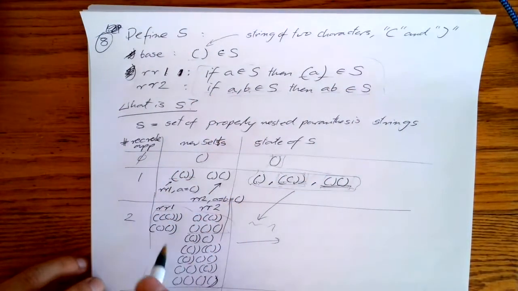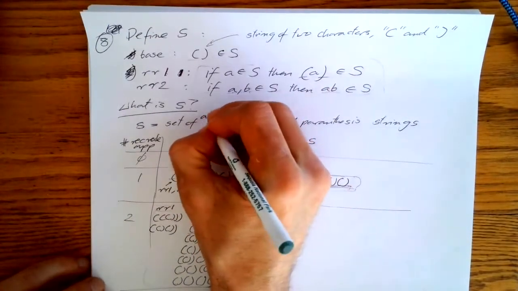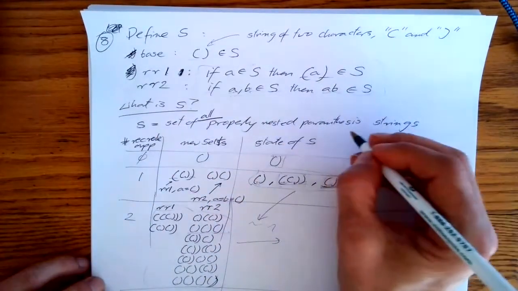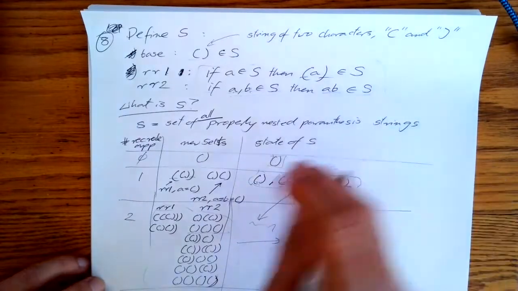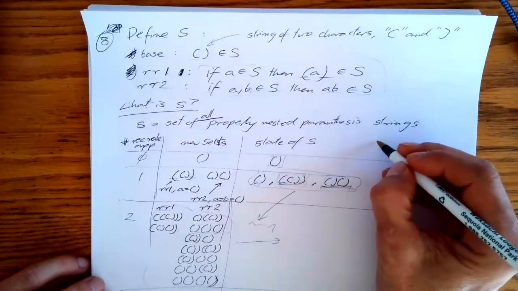But this is the set of all properly nested parenthesis strings. In other words, what is a properly nested parenthesis string?